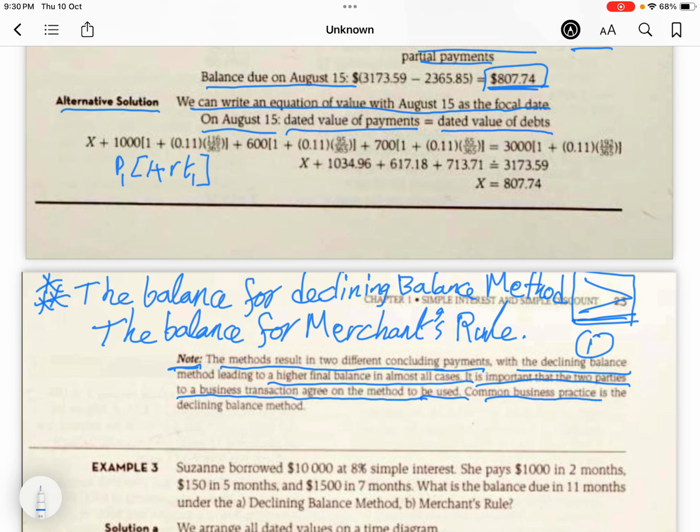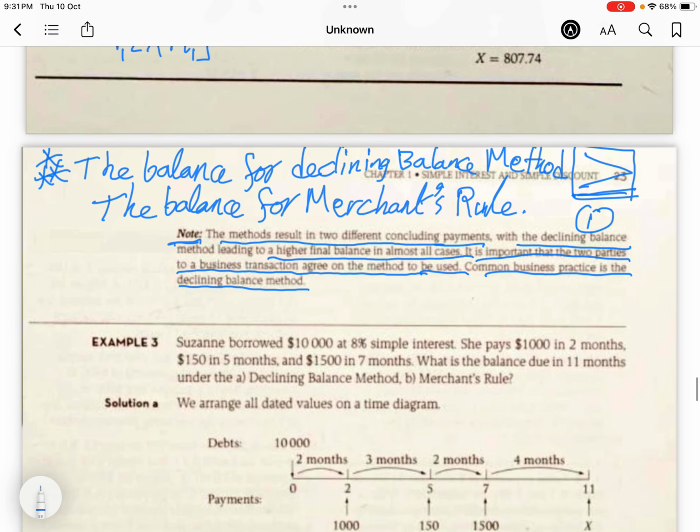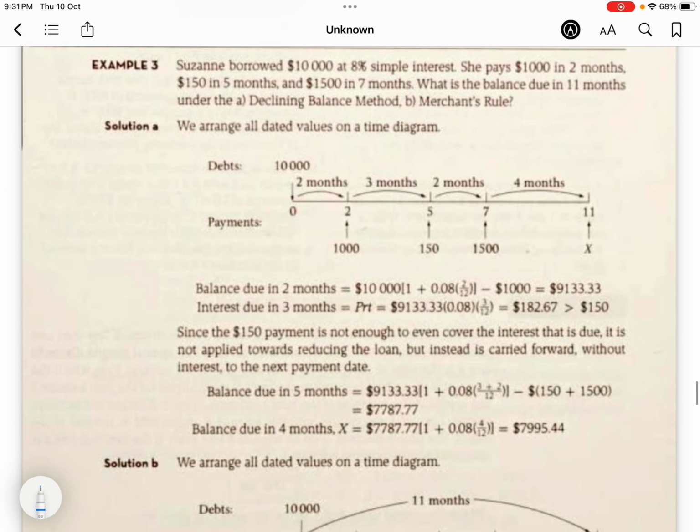Common business practice is the declining balance method. For business, they use the declining balance method. For the merchant, tujar, they use the merchant method.